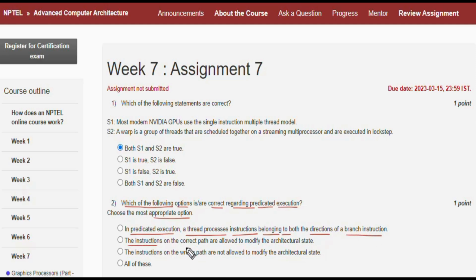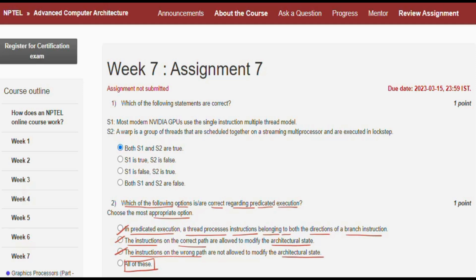The instructions on the correct path are allowed to modify the architectural state. The instructions on the wrong path are not allowed to modify the architectural state. Here all options are correct. So I select all of these.